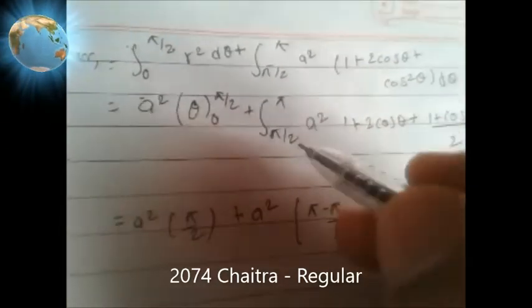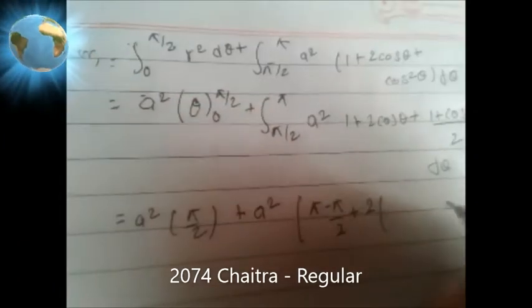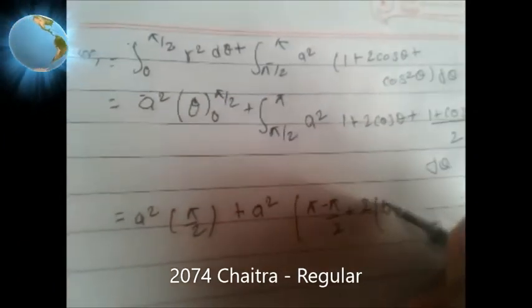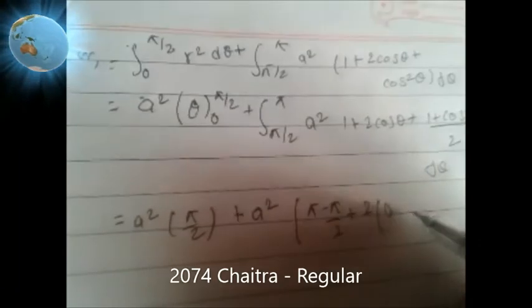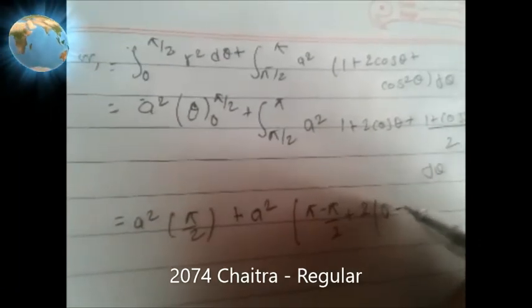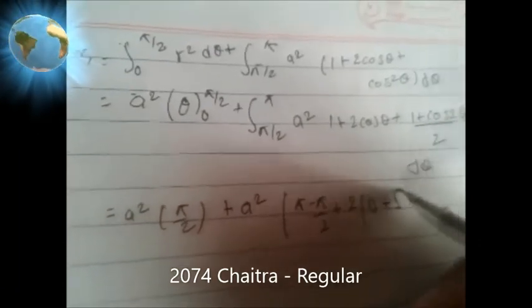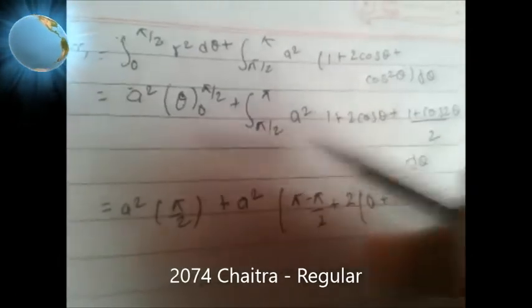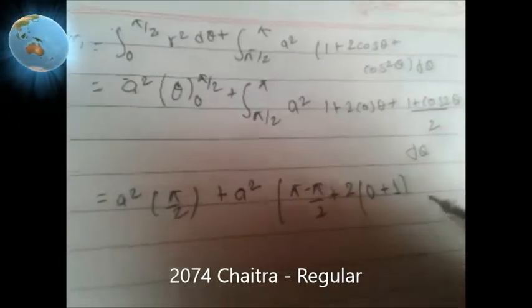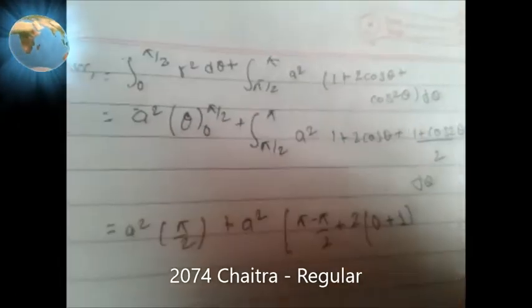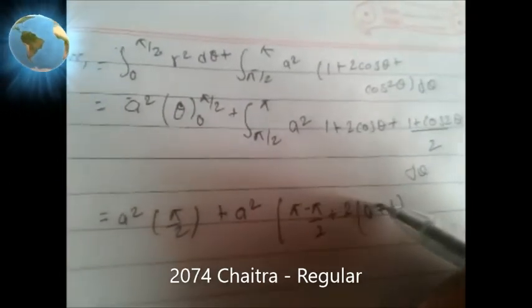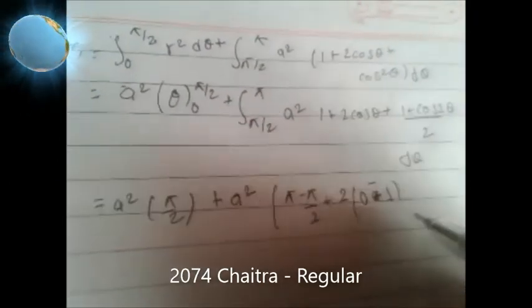Sin pi is 0 and sin pi by 2 is 1, and here there is a minus, so minus 2.